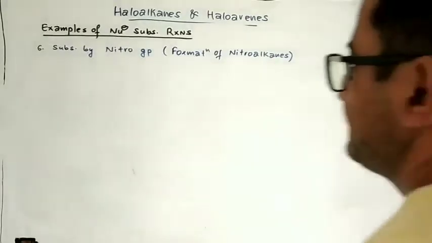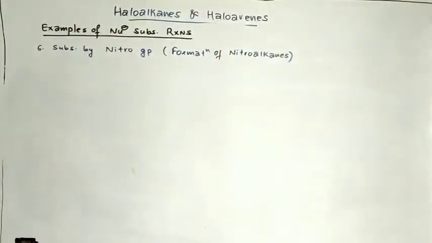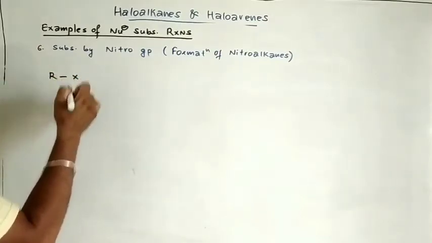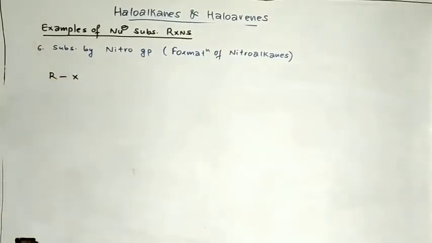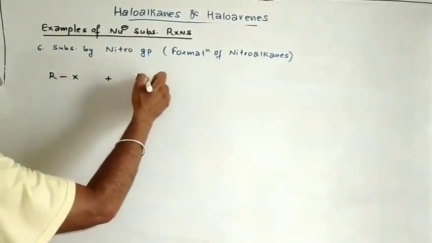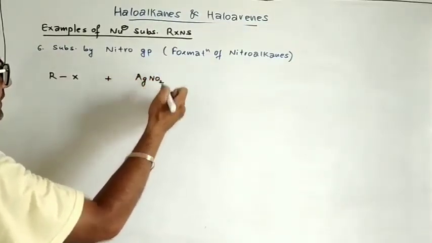Next is substitution by nitro group, formation of nitroalkane. In this reaction, we take some alkyl halide and treat it with AgNO2, silver nitrite.